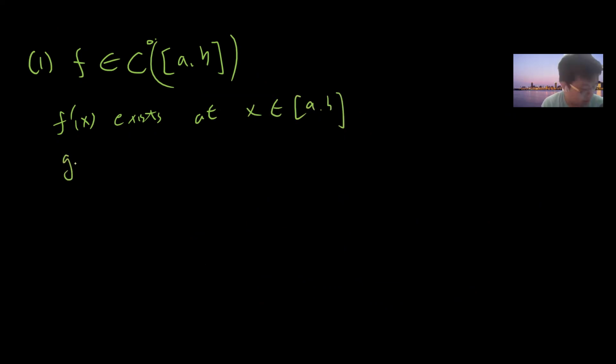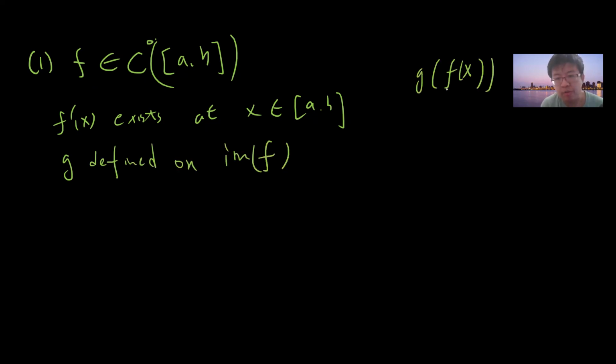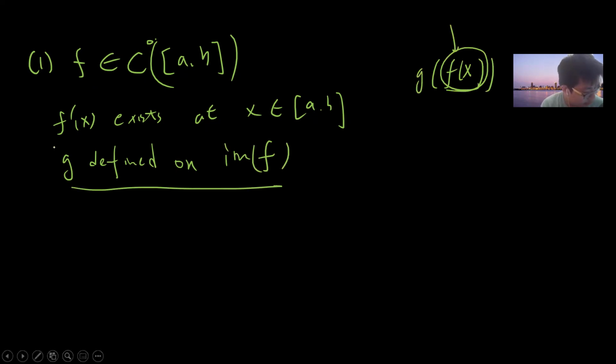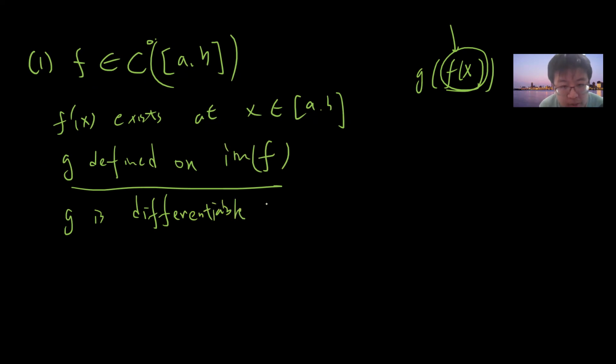And then there's a g defined on the interval I, which contains the range of f. Because we will do g circle f, g should be defined on the image of f, and g is differentiable at f of x.